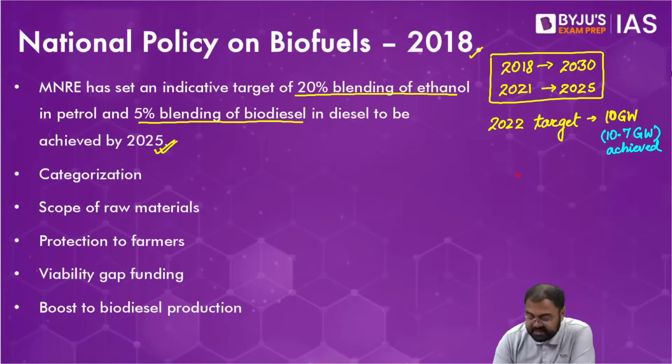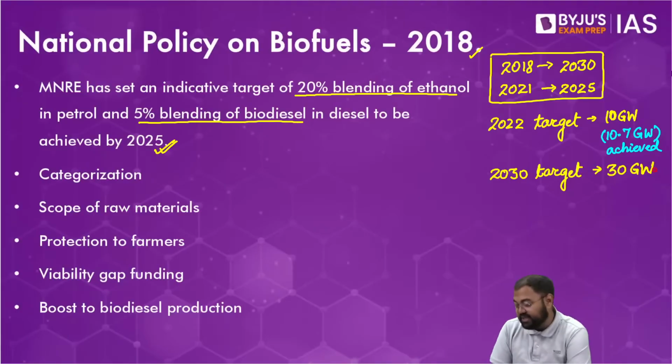The next target that the government has kept is for 2030, and the 2030 target is 30 gigawatt. So it's a very steep target, right?